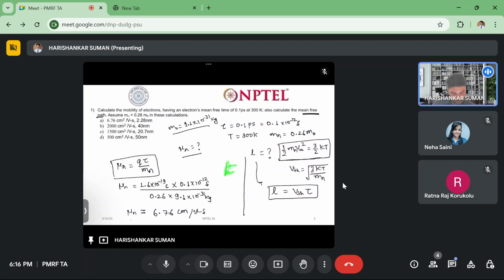This is the unit, centimeter squared per volt per second. Did you get this answer? The unit is meter squared per volt per second, then convert to centimeter.